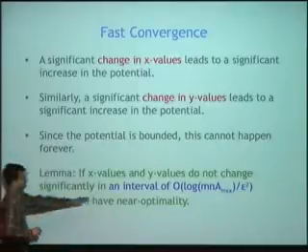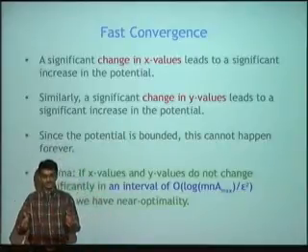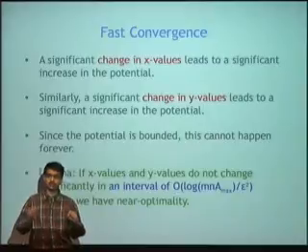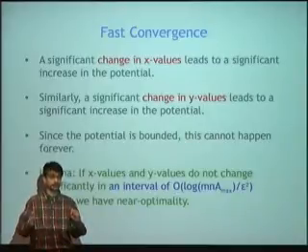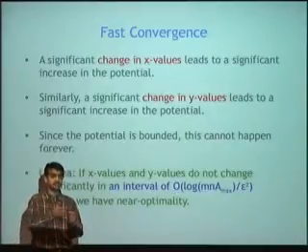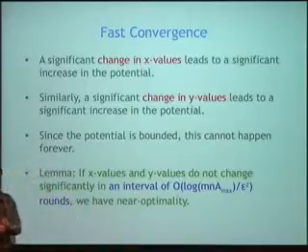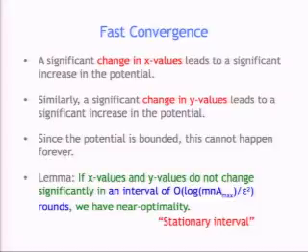More precisely, if we take any interval of logarithmic number of rounds, and if throughout the interval the x and y values did not change by too much, then we show that the solution x throughout the interval is actually a near optimum solution to the primal. So let's call this a stationary interval, an interval of logarithmic length where x and y values do not change.